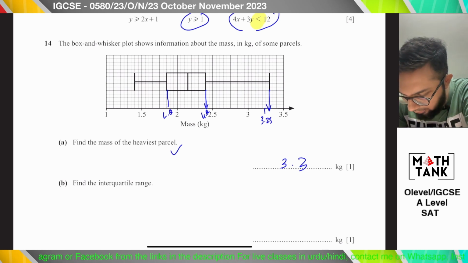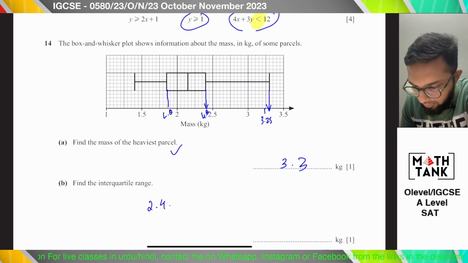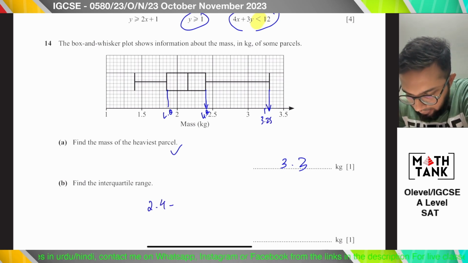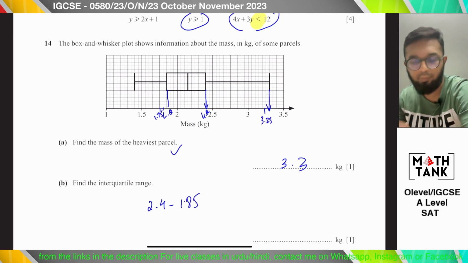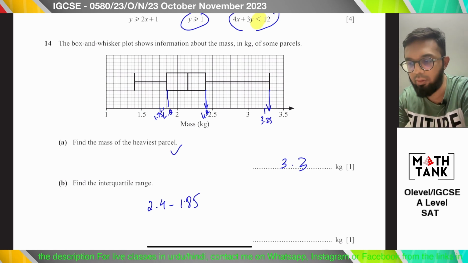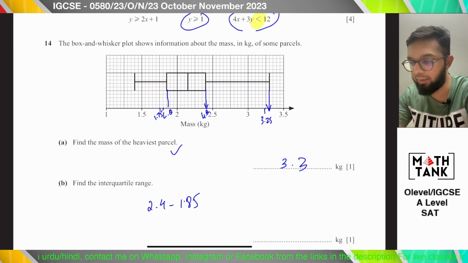The upper quartile looks like it might be 2.4. So 2.4 minus, that's 1.75, 1.8, 1.85. Or you can just count the boxes as well, honestly. So 0.55.